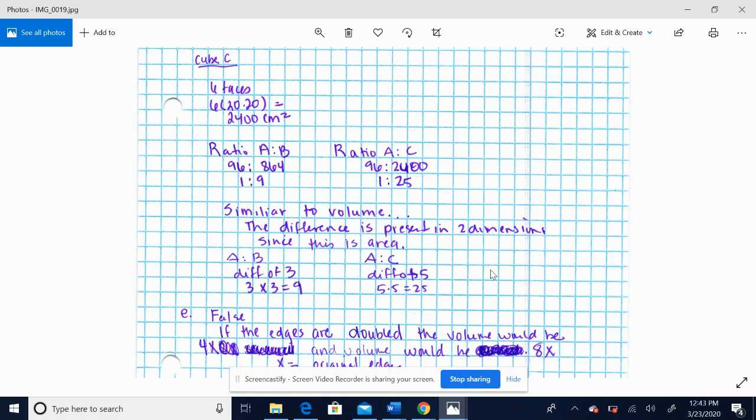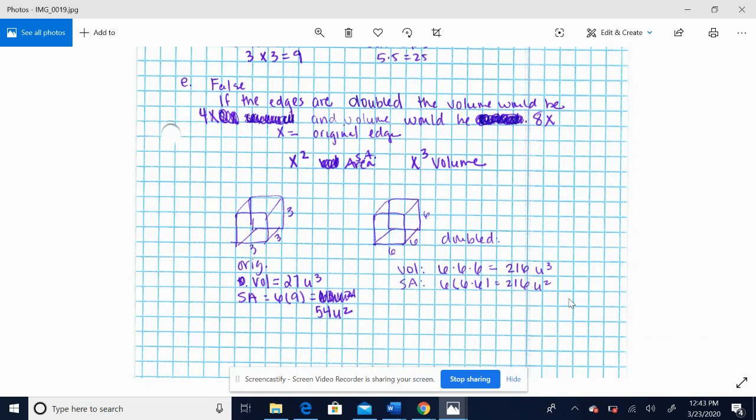Okay, now we look down at part E. That is a false statement. Okay, and why? If the edges are doubled, that means we're seeing twice as much, a double increase in all of the sides.